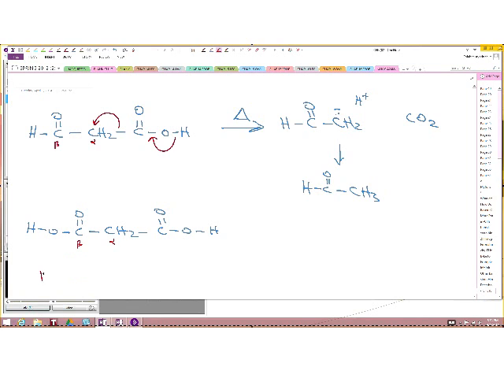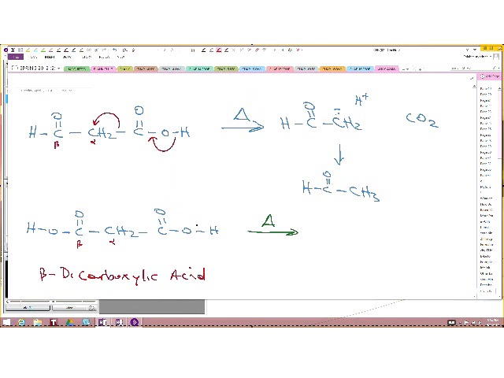Therefore, we refer to this as beta dicarboxylic acid. Okay, so we apply heat. If we apply heat to this, what kind of compound do you think we are going to get? Carboxylic acid, exactly. So when you start with a beta dicarboxylic acid and apply heat, you are going to get a monocarboxylic acid.